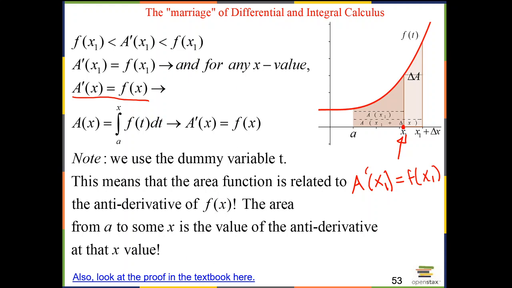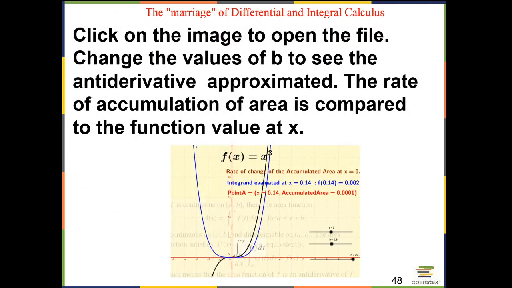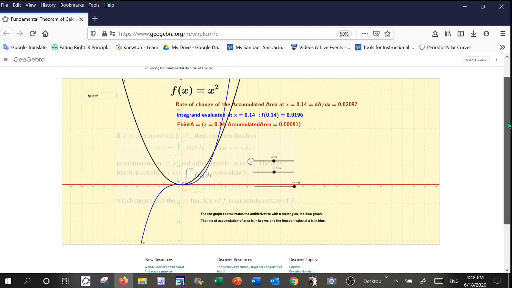And I'm going to now go back and look at this again one more time. I'm going to look at what we have here online. This time you can see the rate of change of the area function here. So you see right there, it says dA dx, that's the rate of change of area.